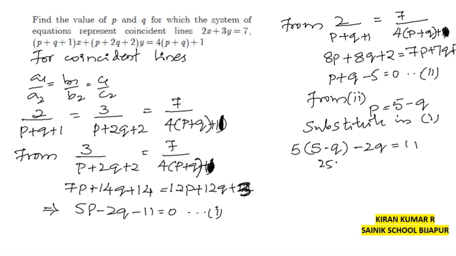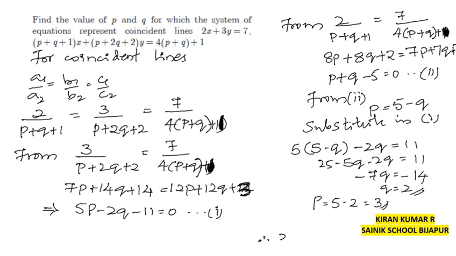So 25 minus 5q minus 2q equal to 11. So minus 7q will be equal to minus 14. Q value is 2. Now find the value of p. P will be 5 minus 2, which is 3. Therefore, the value of p is 3 and the value of q is 2.